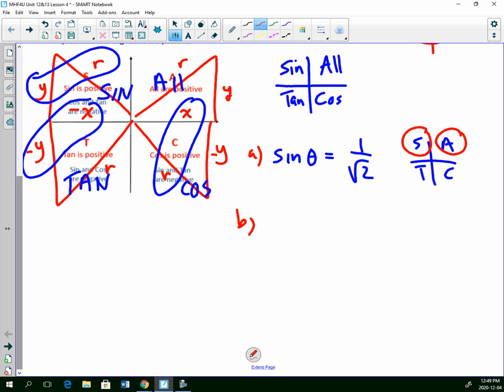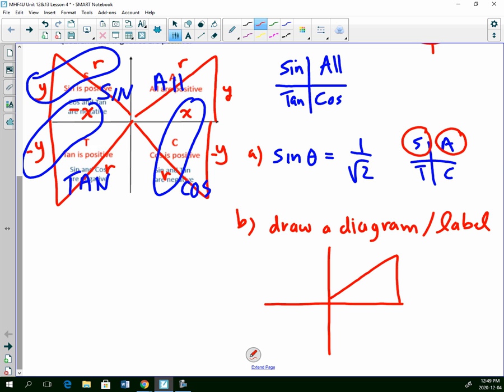Step 2 is to draw a diagram and label it. So I'm going to draw a triangle in quadrant 1 and a triangle in quadrant 2. And we have been given the opposite side of that triangle and the hypotenuse because we have sine.